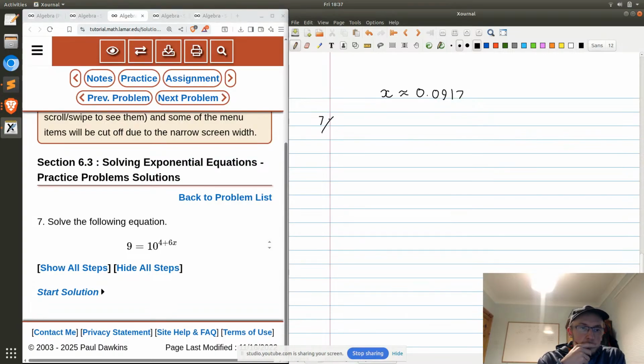Now for the 7th problem. Okay, I'll take common logs of both sides. So log 9. There.